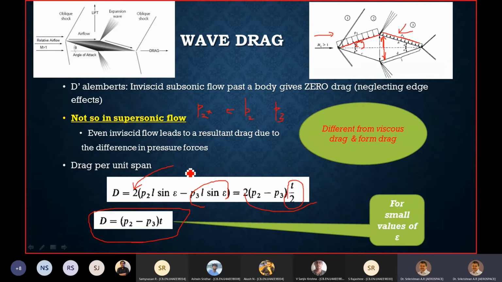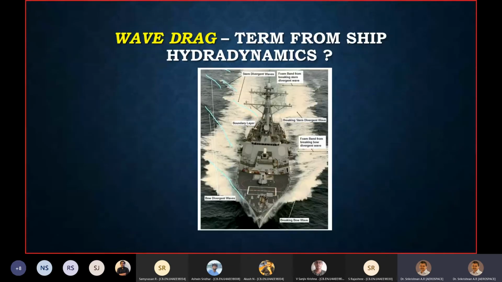This drag force is what is known as wave drag, and this is quite unique to supersonic and hypersonic, certainly above Mach 1, only because you have shocks and expansion waves happening only in the supersonic range. So this is called wave drag, and I guess the importance of that should be quite obvious to you.